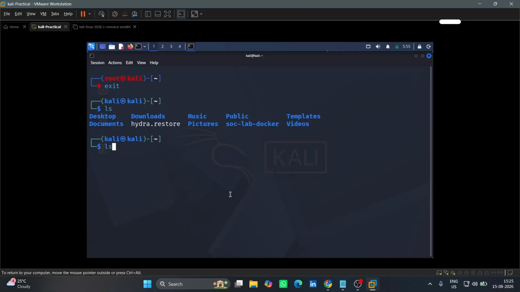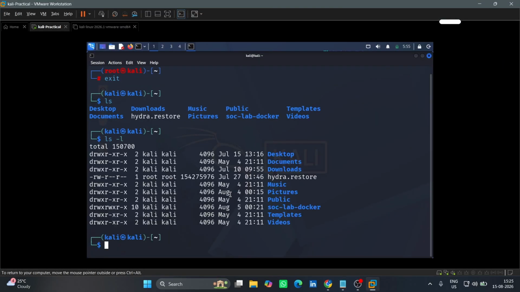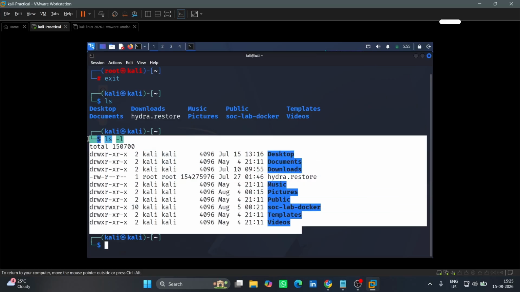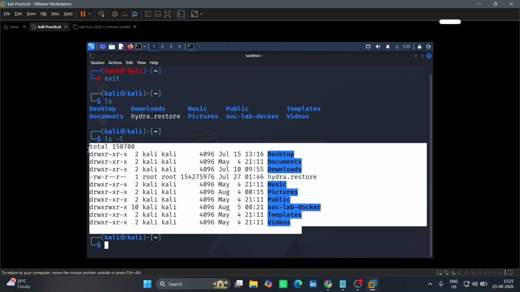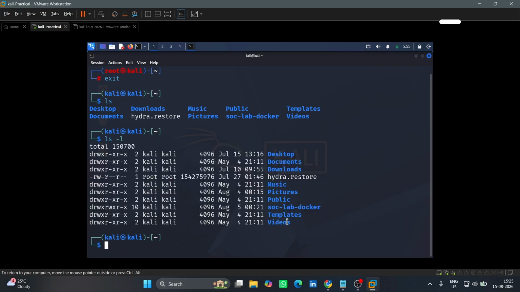If I run ls -l, then you can go through all the detailed information about the files, either the files or directories present in that directory. Here I am in the Kali directory, and I have 10 directories here.